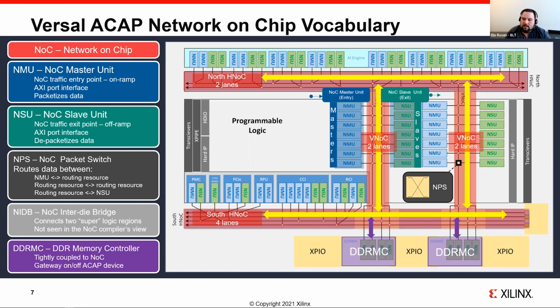For a Versal device, you would have this DDR attached to the NoC. That way, either the processing system or any of your peripherals can all share the same DDR. And you're not just limited to one instance of DDR. You can have multiple DDR instances connected to a single NoC. And I will show you that in the demo.